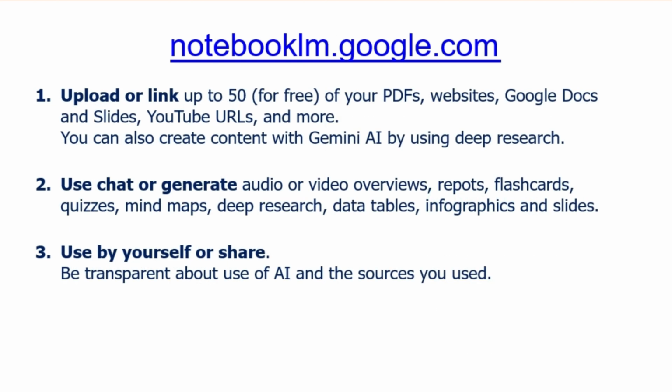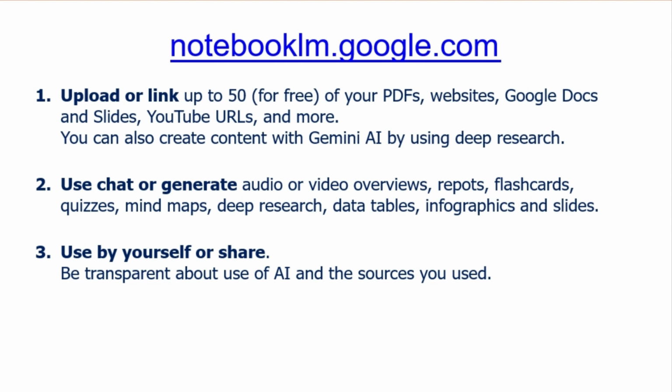I will quickly show you how it works, but just the basic things. You start by uploading or linking up to 50 of your own materials like PDFs, websites, Google Docs, slides, YouTube, and more. And nowadays you can also create content with AI using this deep research.